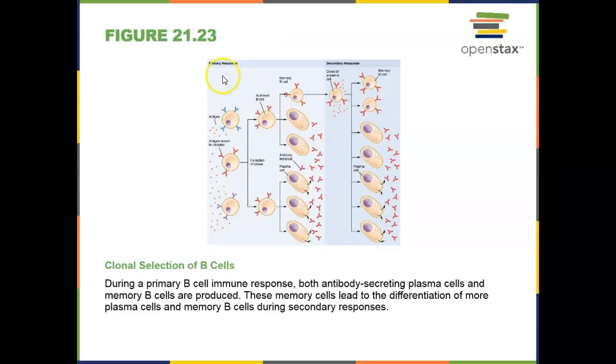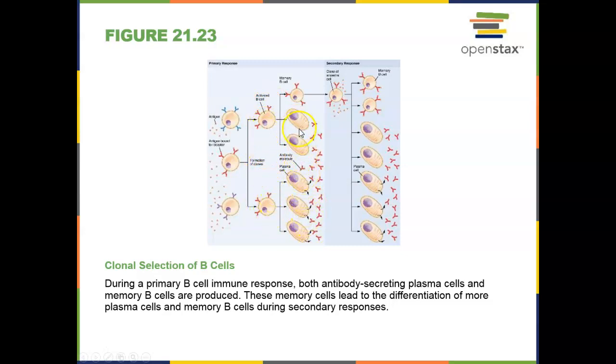And so here we see an antigen. The B cell binds the antigen. That binding activates the B cell. And we have the second, or co-stimulation, of the B cell. And the B cell is then going to start producing clones of itself, or clones of plasma cells.